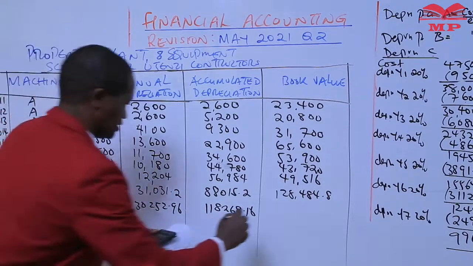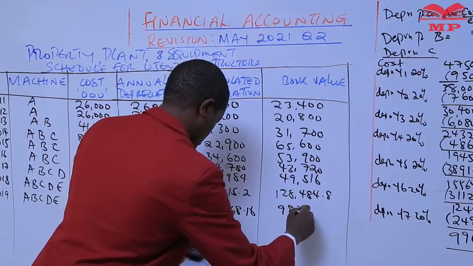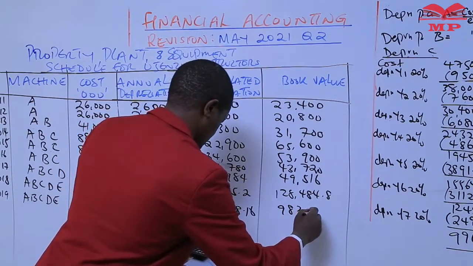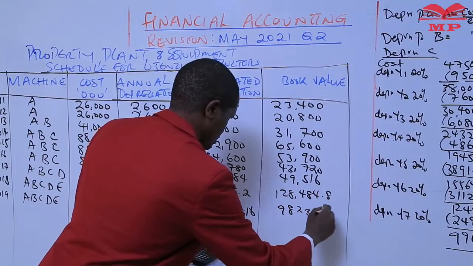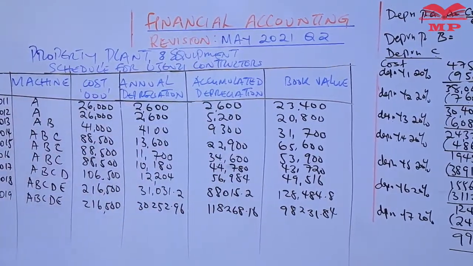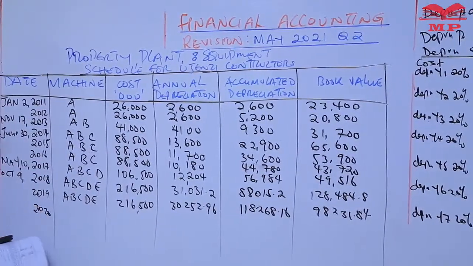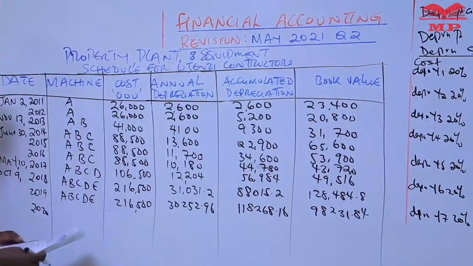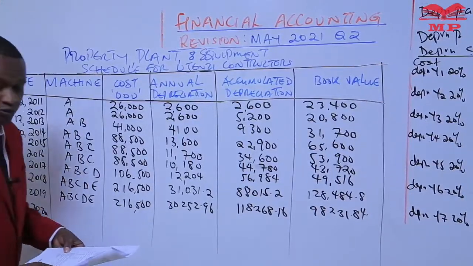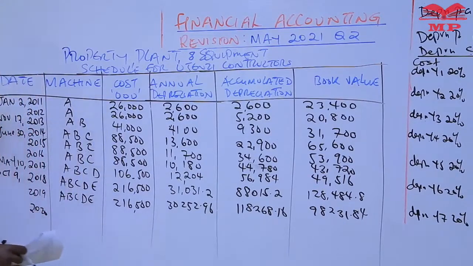This gives me 982,301.84. Then moving on to the year 2020, because candidates, we are to prepare the property, plant and equipment schedule up to December 2020. This is the last year.